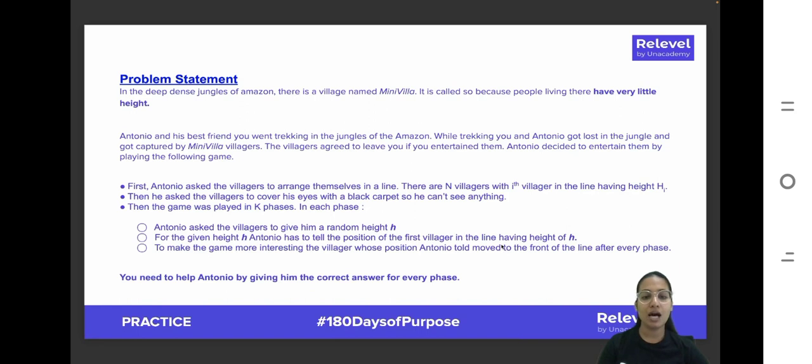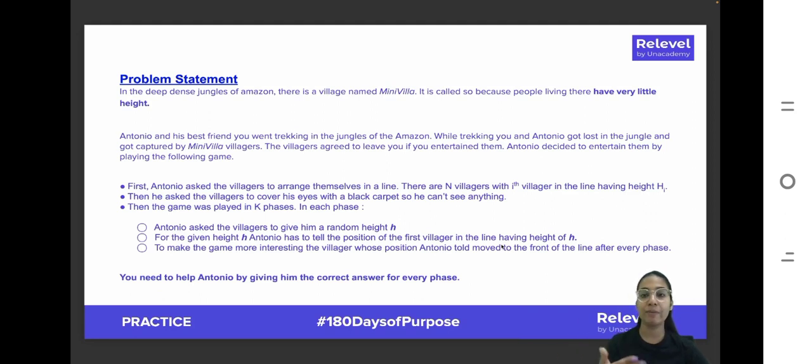Now Antonio asked the villagers to give him a random height h, and for the given height h, Antonio has to tell the first villager that has a height h. So let's say there are 10 villagers having heights from 1 to 10. Antonio gets a height 3, so he has to find out the first villager which has a height 3.